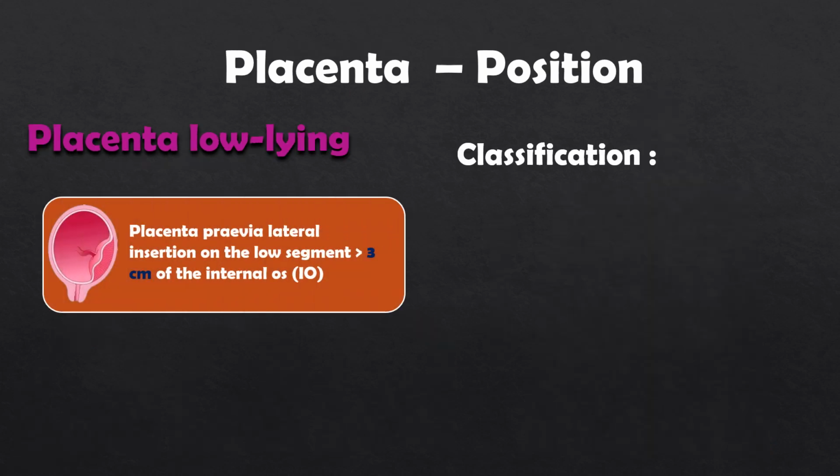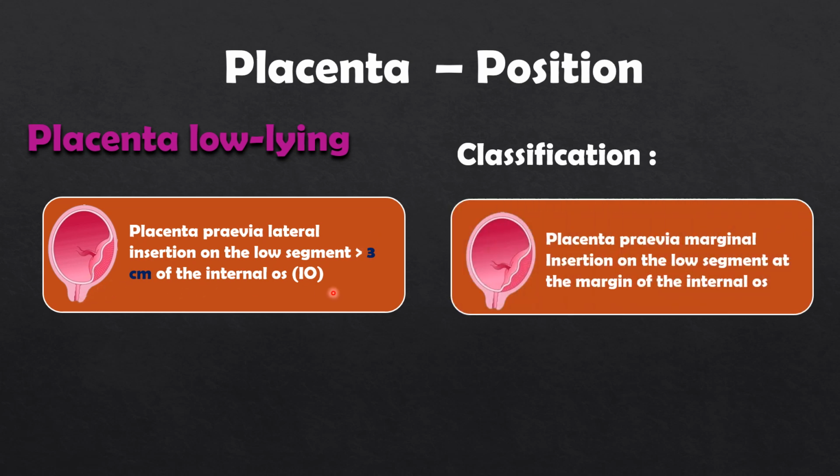Regarding the low-lying placenta, we currently use an interesting classification related to the position of the placenta to the internal os. The first is the placenta laterally inserted at 3 cm above the internal os. The second, the lower segment, is at the margin of the internal os.